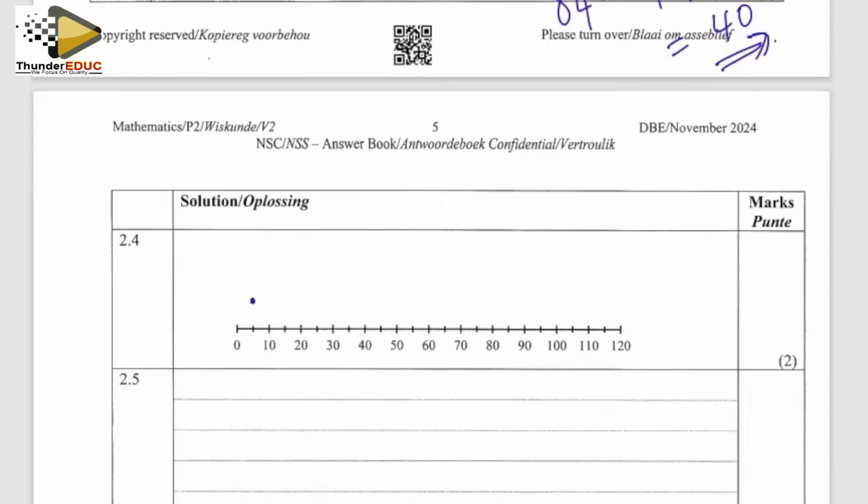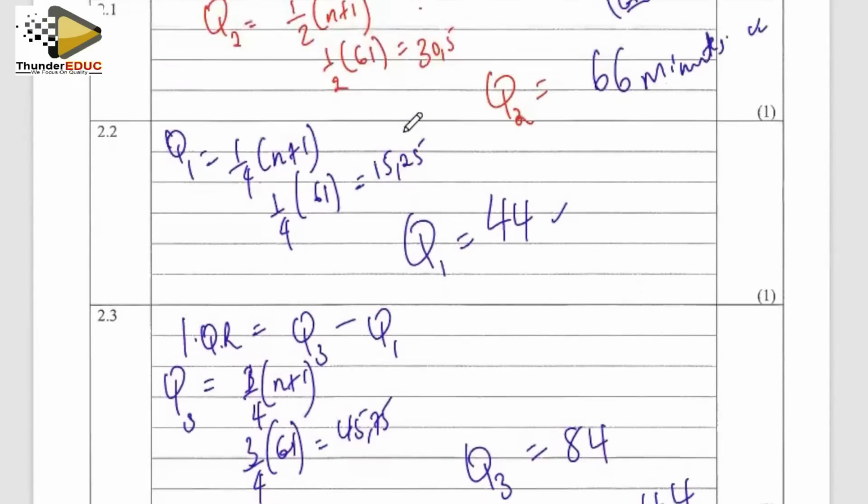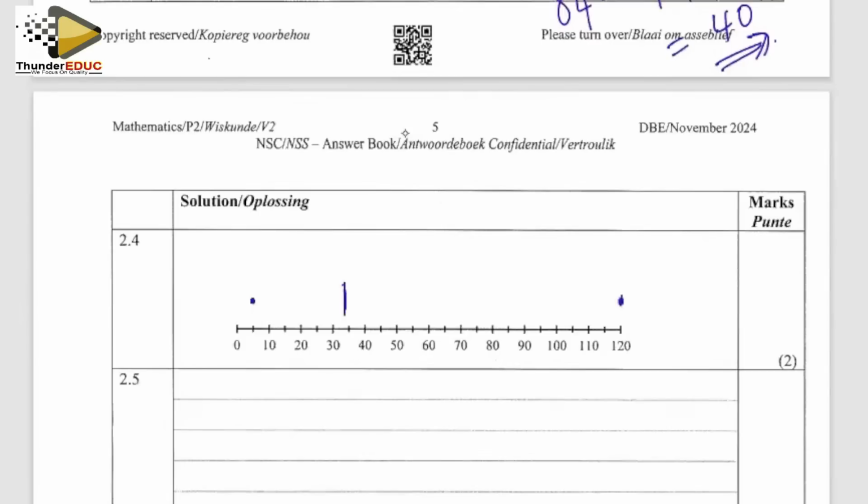Our maximum is going to be 120. We say that the Q1 is 44. So 44 is just slightly before that middle line. And then our Q2, we got it as 66. So slightly after that line.